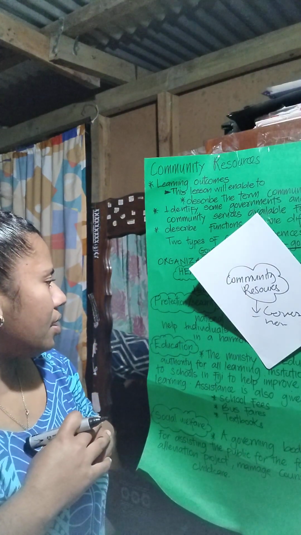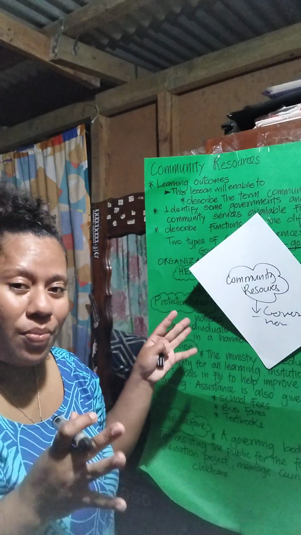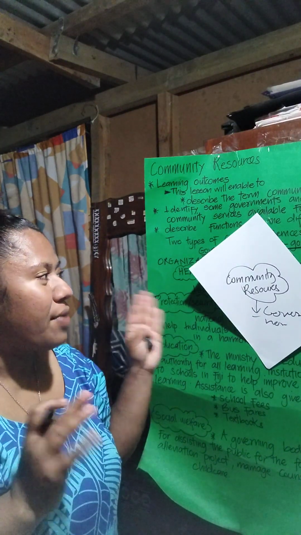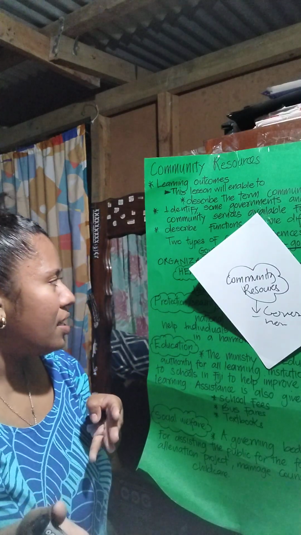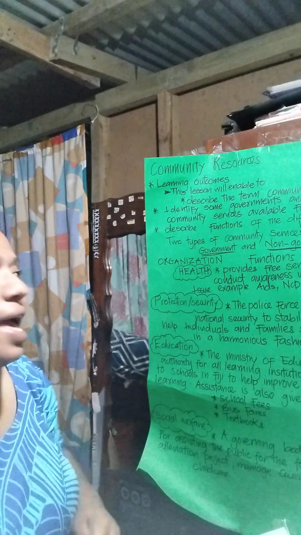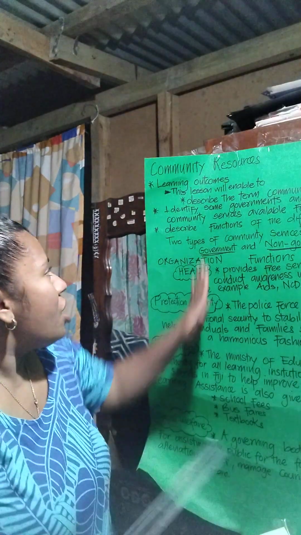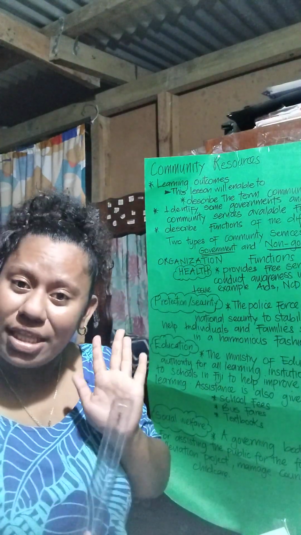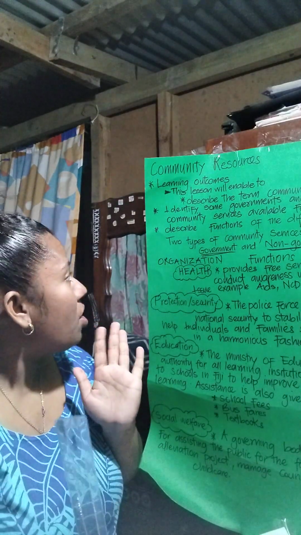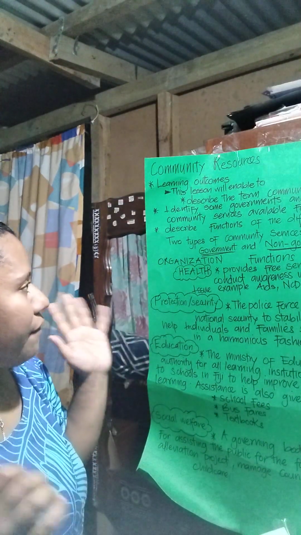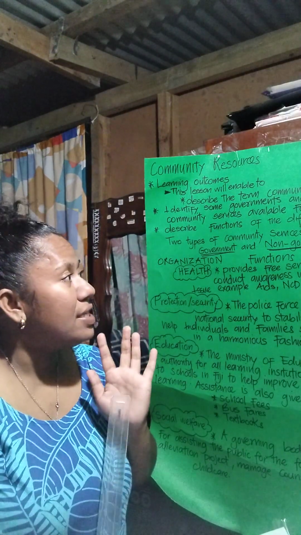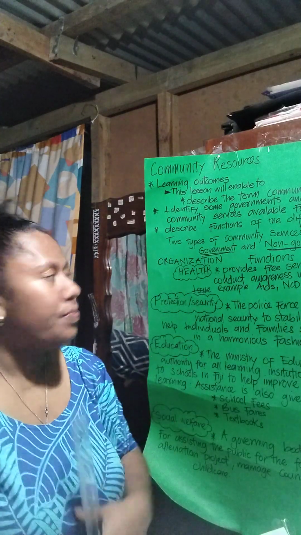Okay, we will go through the topic with our learning outcomes and some government and non-government organization with its function. At the end of today's class, students will be able to describe the term community service, identify some governments and non-government community service that are available for the family, and also describe function of the different services that are available.